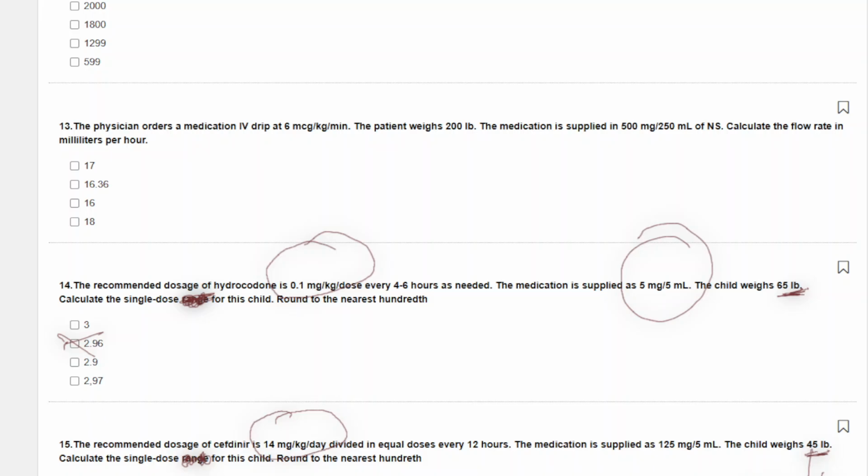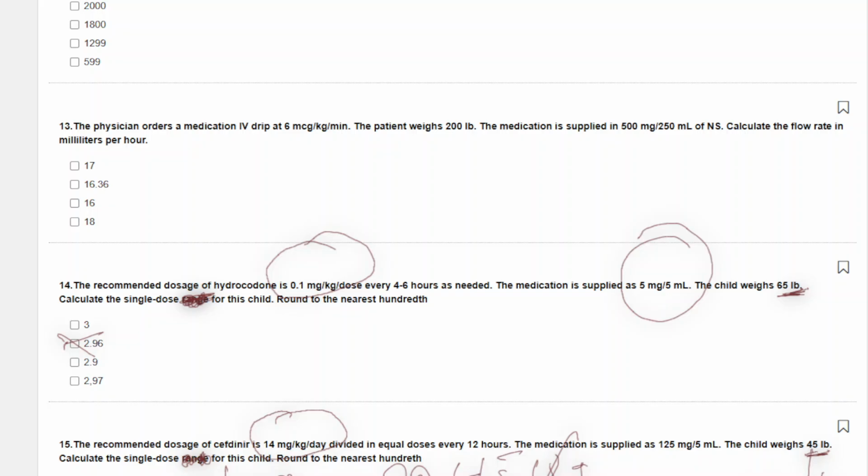We know 14 milligram per kilogram. We need to cancel the kilogram. This patient weighs 20.45, so we put 20.45 kilogram there. This kilogram and that kilogram will cancel out.